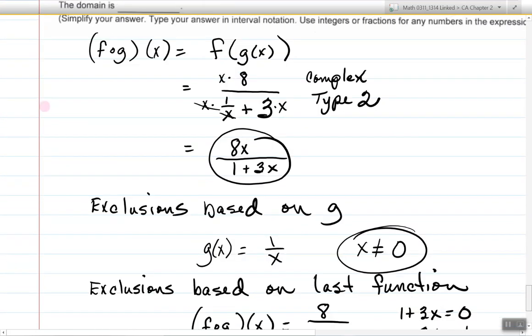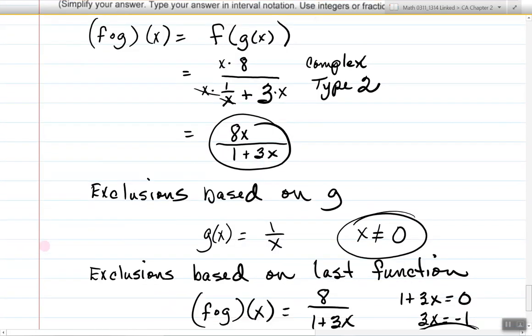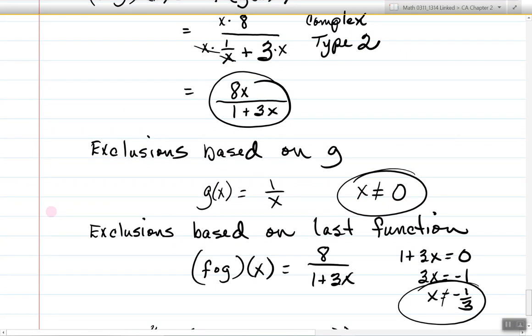So you look at two. You look at the inside function, and then you look at the last composition function. All right, so those are the operations that we're going to look at with functions.